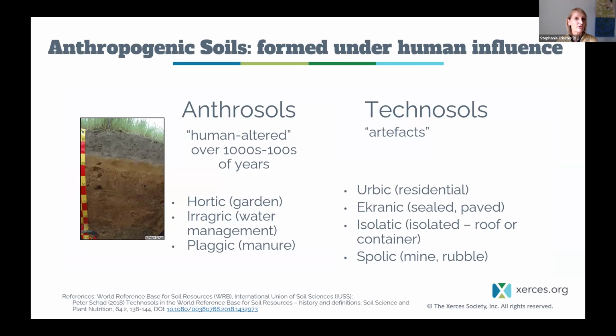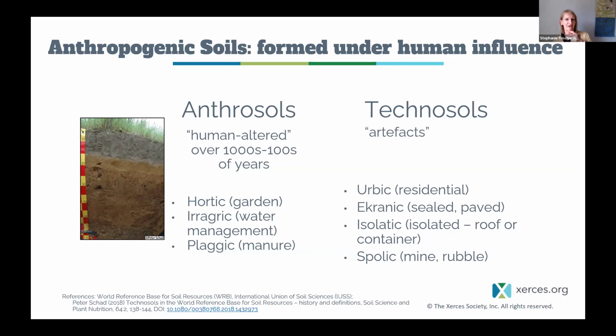There are also new soil orders, these classification groups, which again, you can identify an order by that suffix of sol. So anthrosols, these are human altered soils over timeframes of thousands to hundreds of years. And then there are these other terms, kind of these adjectives. Have they been modified because humans are doing water management there, because they have livestock or are stockpiling manure there?